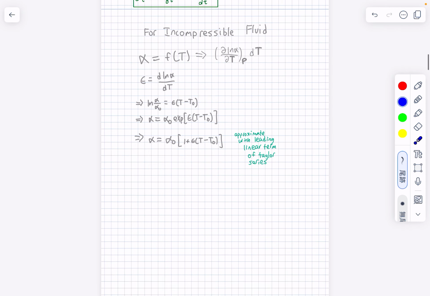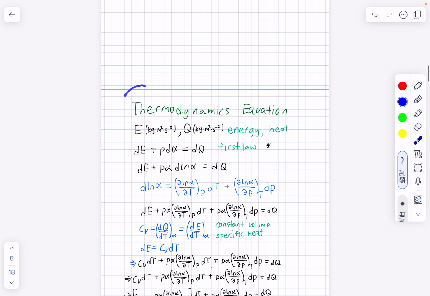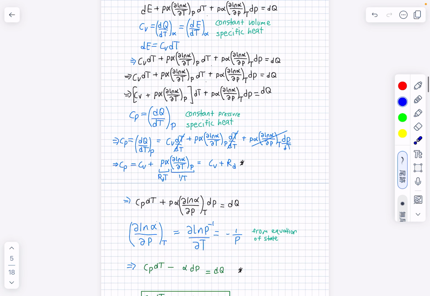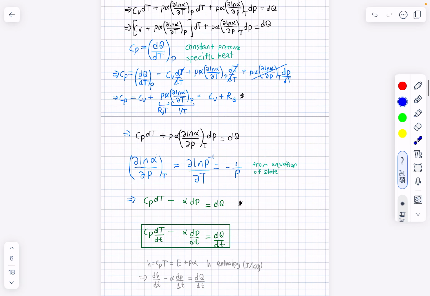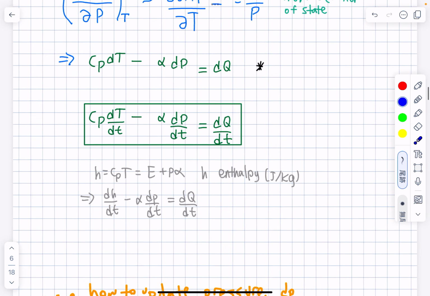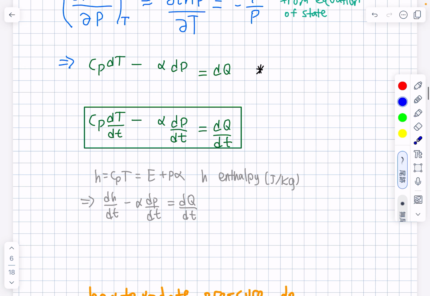Now, next we are going to be looking at the thermodynamics equation, which is an equation where most of the variables within that equation we have already solved experimentally for their values. And just as a sneak peek, it's Cp times dT/dt minus alpha dp/dt is equal to dq/dt, which is heat.